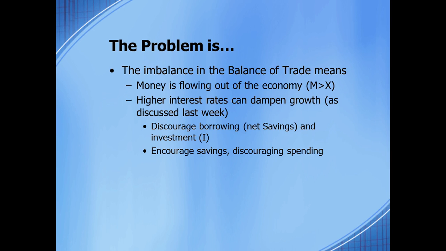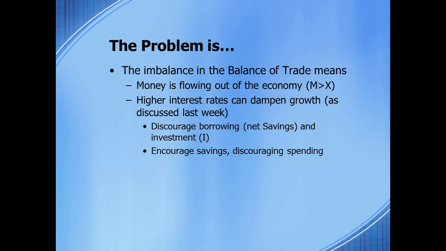Higher interest rates can dampen the growth, because they discourage borrowing and investment. If we have a higher interest rate it's too expensive to borrow, and too expensive for businesses to be borrowing money from the banks for investment.